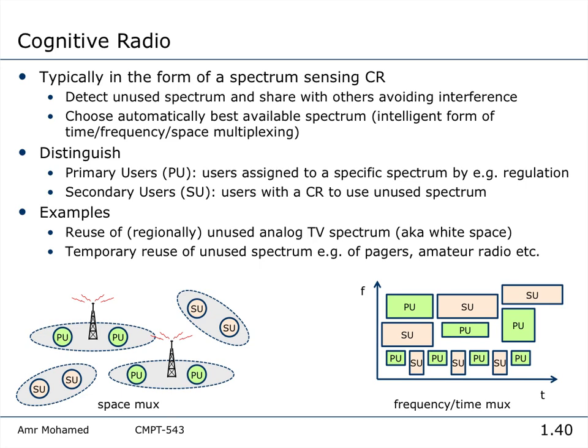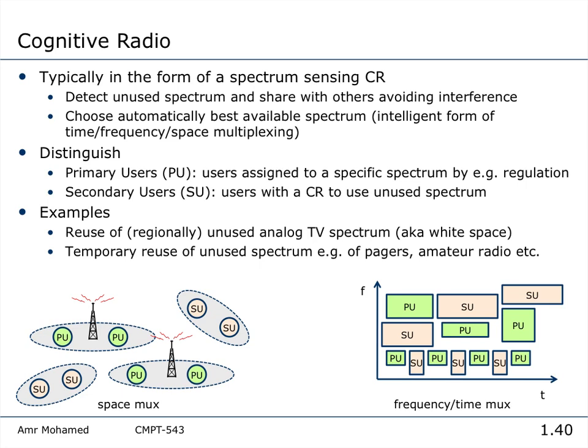So that was the motivation behind cognitive radio. What they said is that we can make the radio more intelligent. We know that 900 megahertz is occupied by, for example, GSM. We know that, but not all the time.